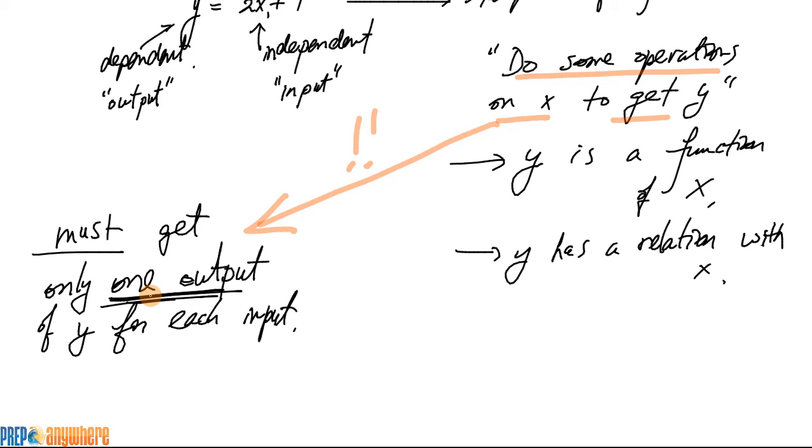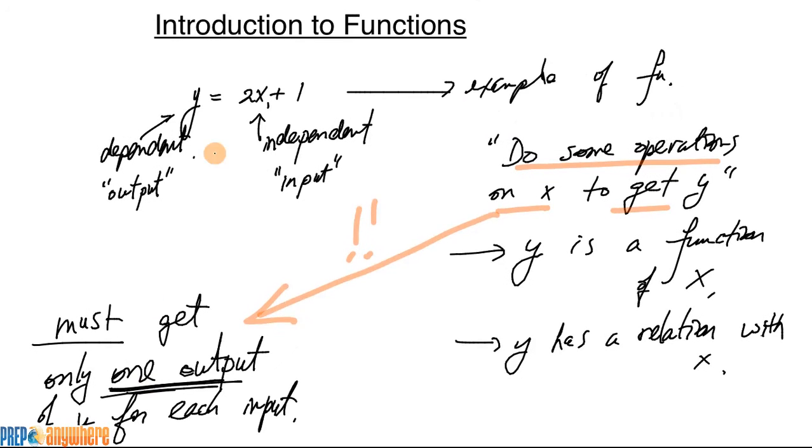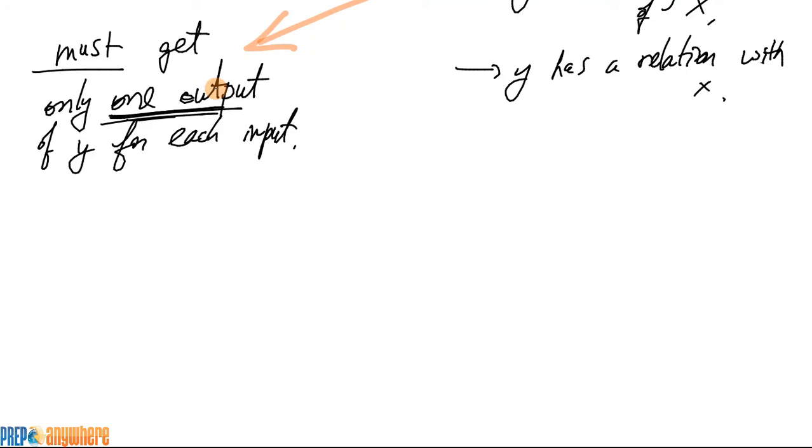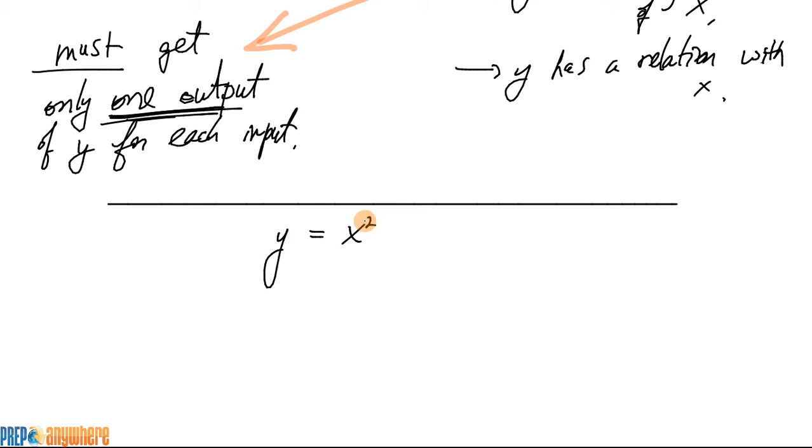So when do we ever not get one? It seems like this one right here is pretty obvious. For whatever number you plug in, you get one output, right? Let's do another one. In parabolas, in quadratics, for every input, how many outputs are we going to get? If you plug in 1, 1 squared plus 1, y is 2. It's one output.